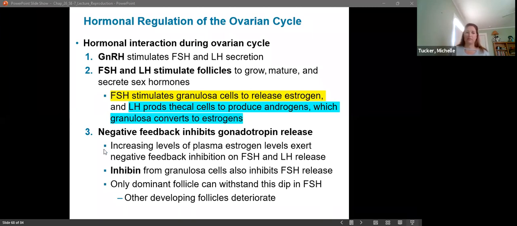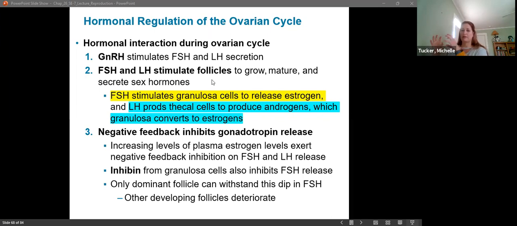So starting off with GnRH by the hypothalamus, FSH and LH by the anterior pituitary, now follicles are maturing. We've taken that group of 20 and now they're maturing. Those granulosa cells are producing estrogen. Once those 20 are maturing, you don't want to mature all of your eggs.